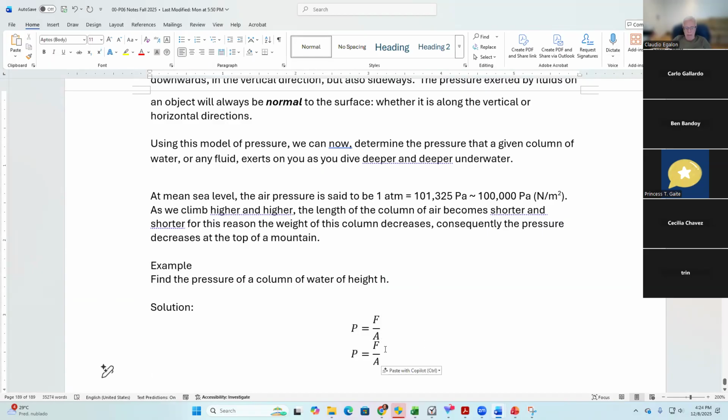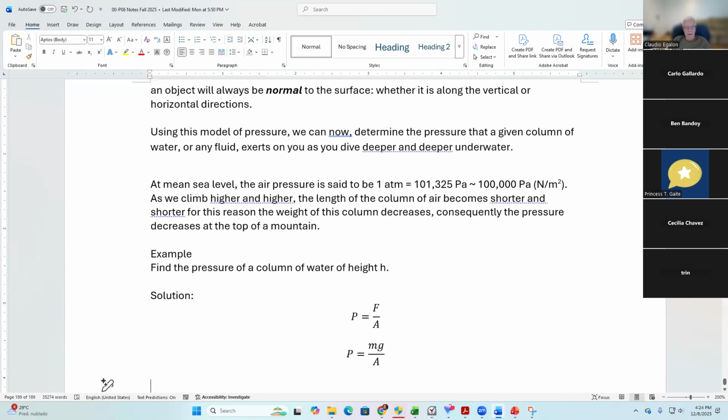And this force can be written as equal to the weight of this column of water. You're going to see that this relation is going to give a very interesting final result.